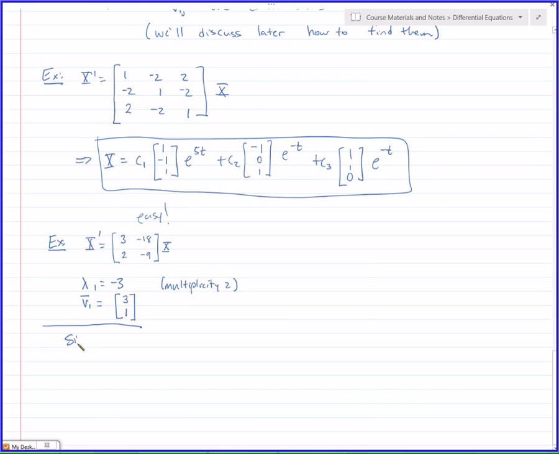And let's do a simple version of case 2. Namely, lambda 1 has multiplicity 2, and only v1 is an eigenvector.